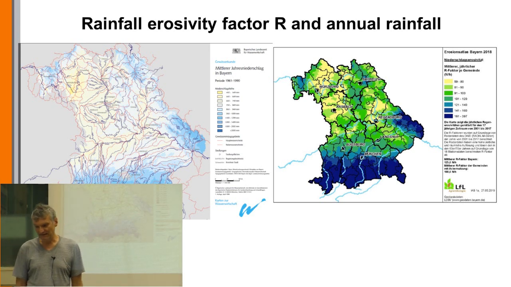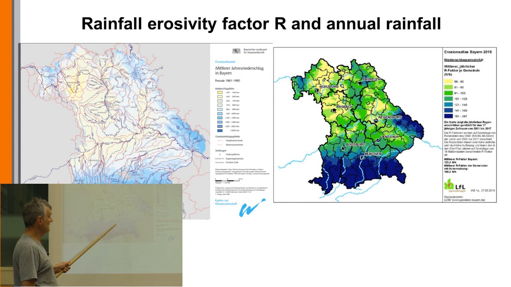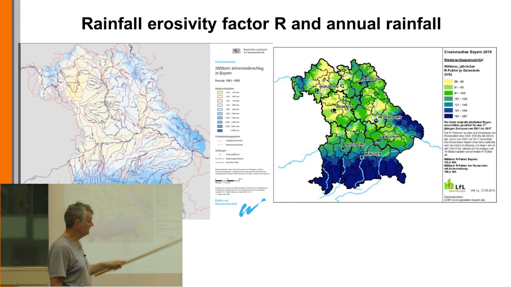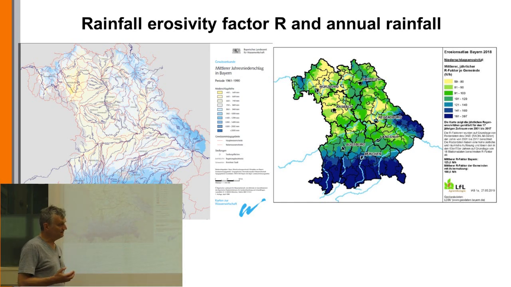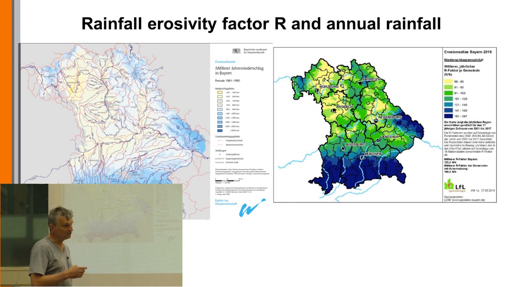I should say that there is no direct correlation between these two things, but they belong together. And we will see at the end of the day that the rainfall erosivity factor is mainly dependent on how the rainfall comes down through the year. Are there very strong rains, or are there a lot of smaller rainfall events?